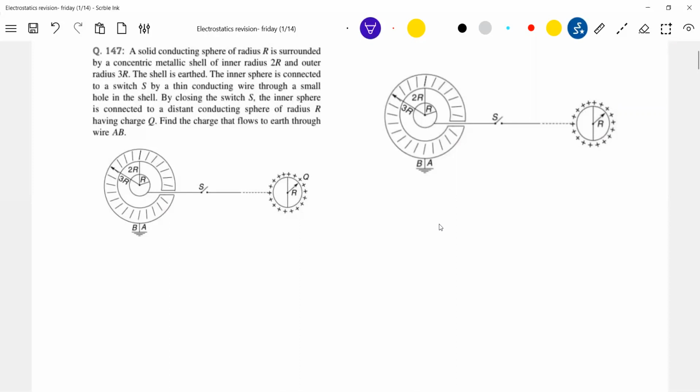So what charge will be present? Yeah, this one. So here let it be Q1. Okay, I'll write it here, Q1. Minus Q1. No charge should be there on the outer surface. Or if you want, you go for it. So Q2, let it be. So the charge of these two spheres should be conserved.